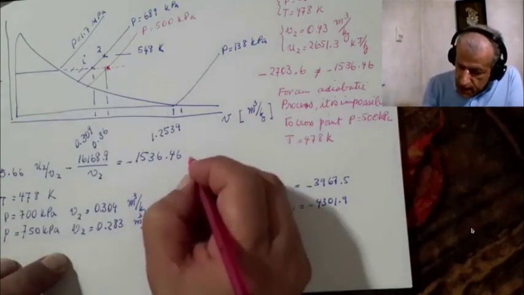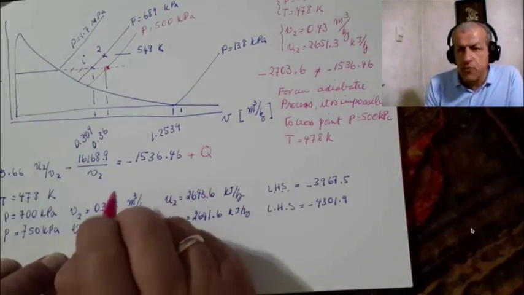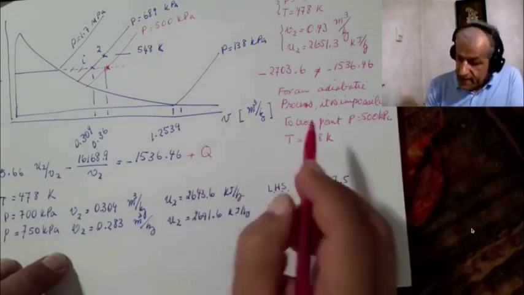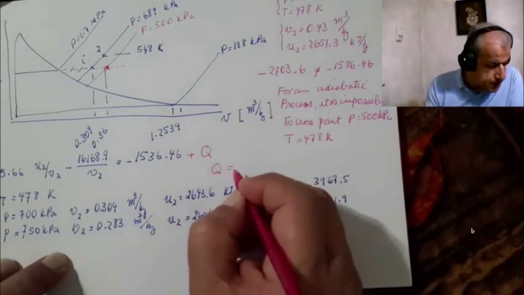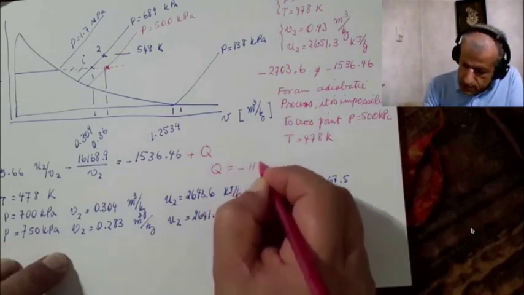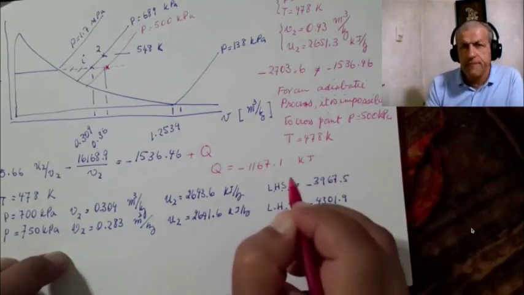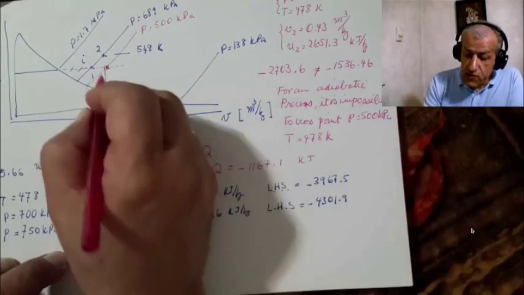There should be another term here to balance this equation. And if we had heat transfer, Q equals minus 1167.1 kilojoules, then we could expect to end up here.